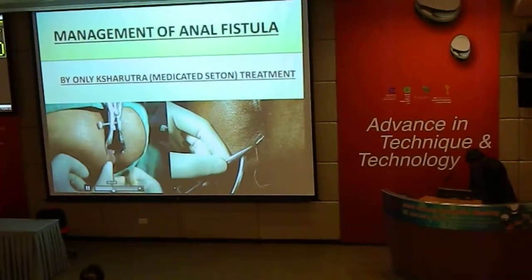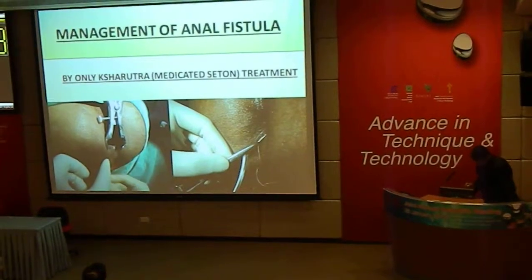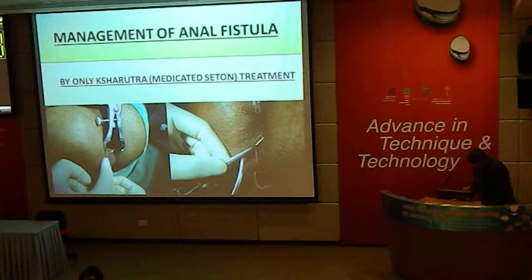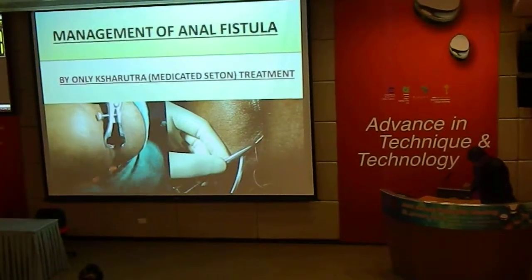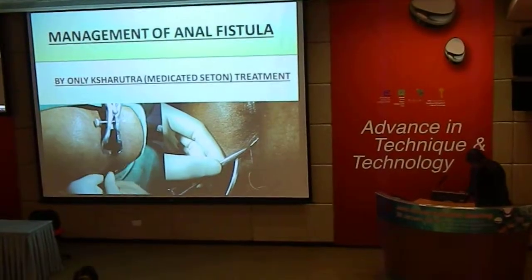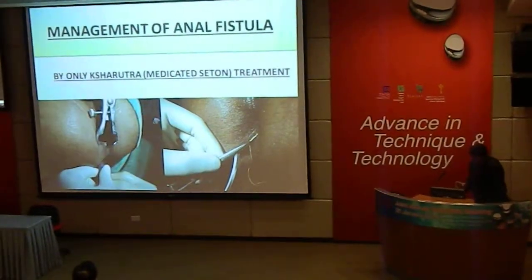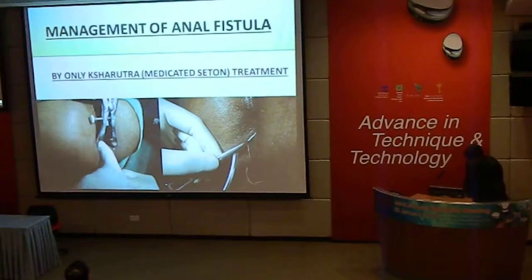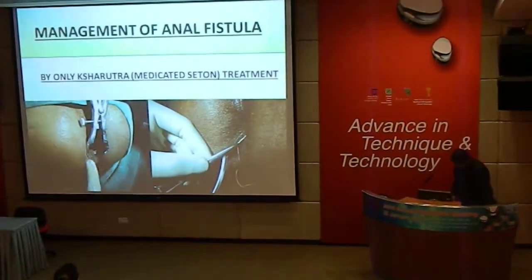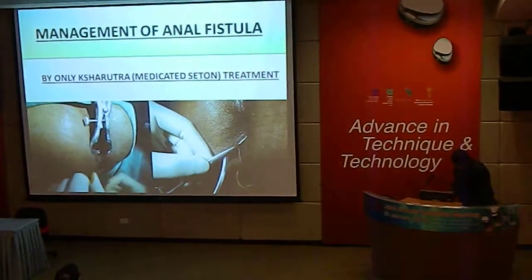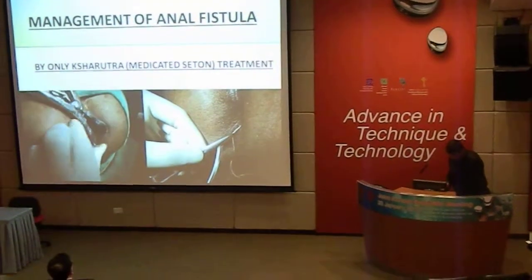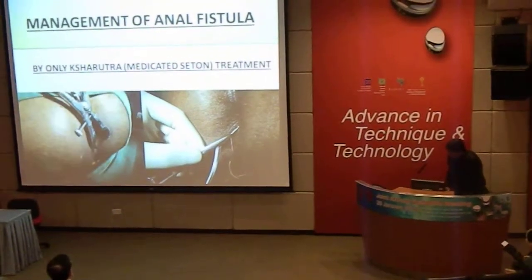Then we create the external opening of the fistula tract. After that we take one probe, insert the probe and curette the tract. After that we inserted methylene blue, the dye, to know the actual internal opening of the fistula tract. By using a speculum we find out the internal opening of the fistula tract, and also using the forefinger we find the internal opening.